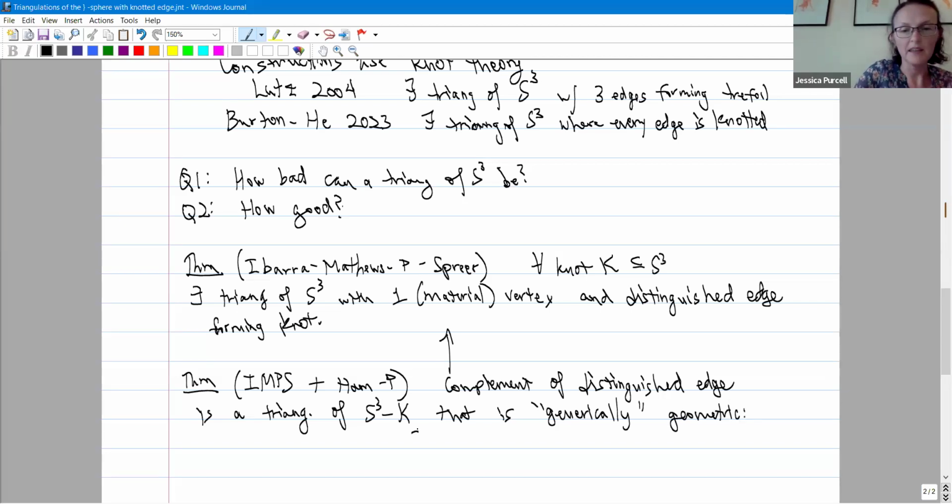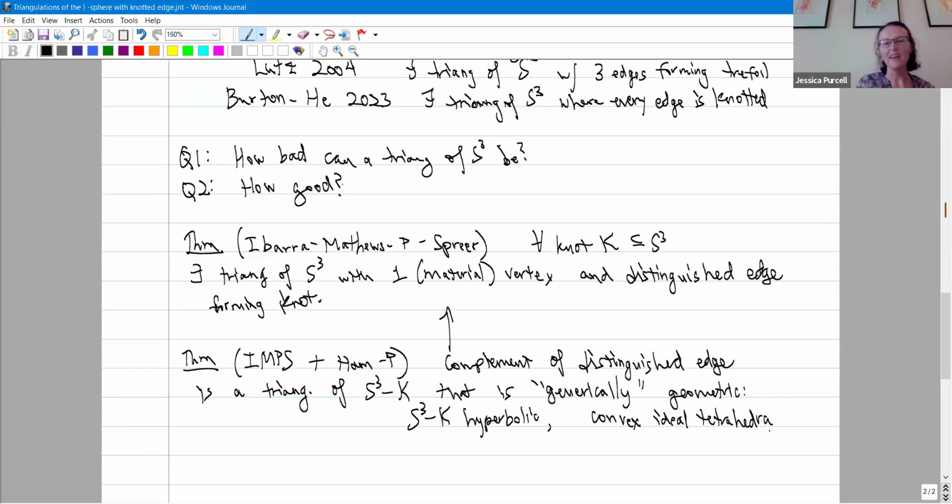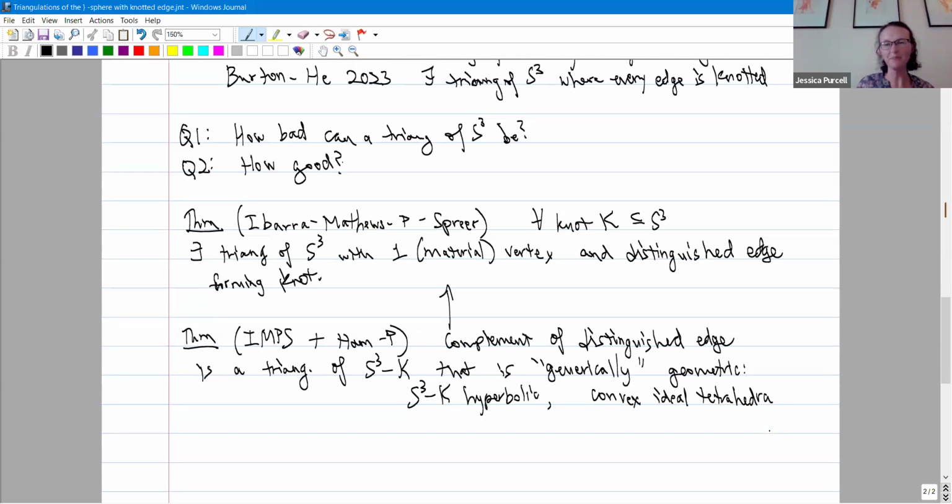So in other words, S3 minus K will be hyperbolic. And all of the tetrahedra will be convex ideal tetrahedra. Okay, so from a geometric point of view, that's about as nice as it gets. From a combinatorial point of view, though, we can take any of our edges to be about as terrible as you would like.